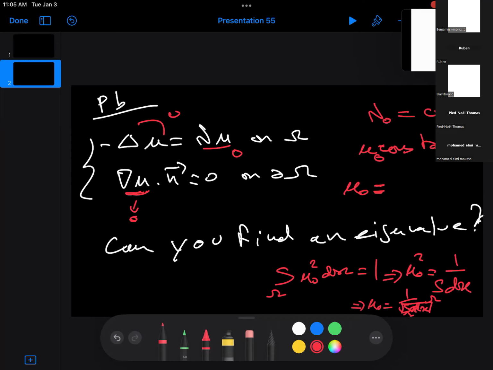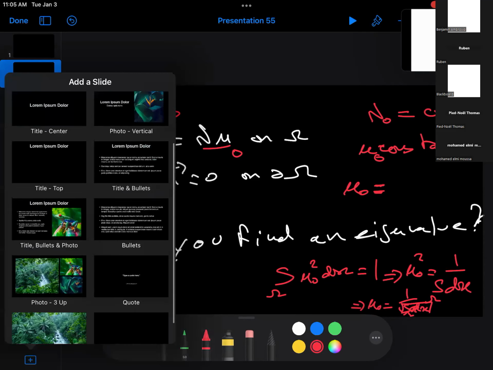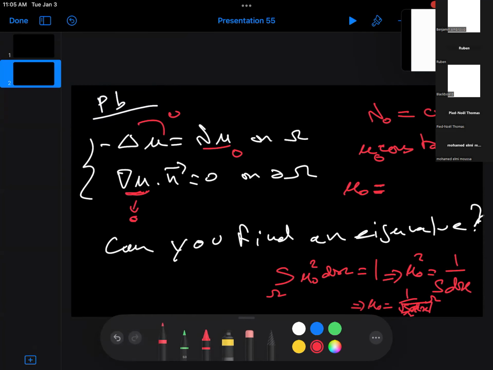That's good. Can we find other eigenvalues? Yes, the answer is yes. But now we need something more elaborate.